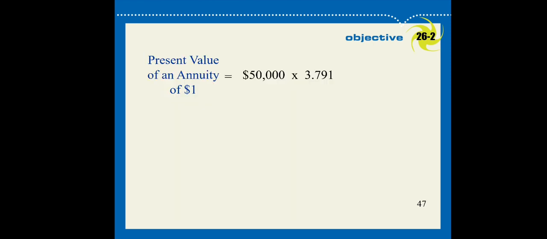So the present value of an annuity factor is 3.791. The annual cash flow is 50,000. So 50,000 times 3.791 is equal to 189,550.